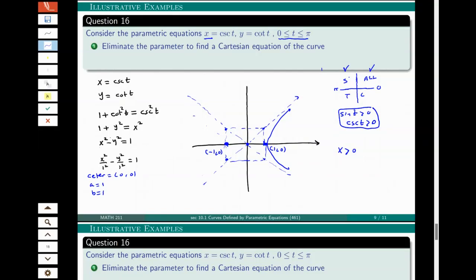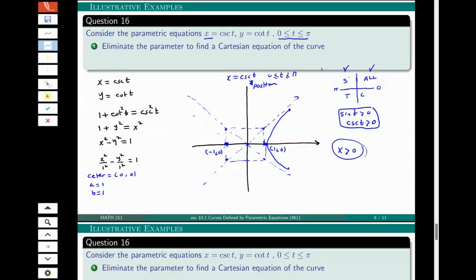Okay, so our x is defined through cosecant t. In this interval, 0 to pi, cosecant t is greater than 0, positive. In this quadrant, this is positive.